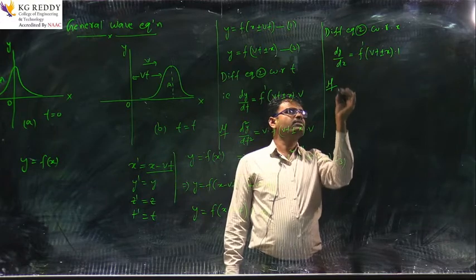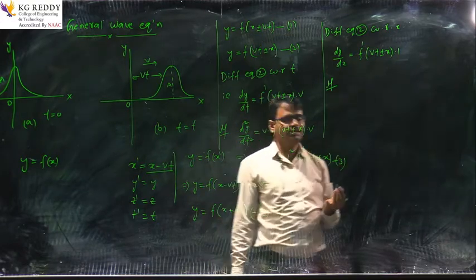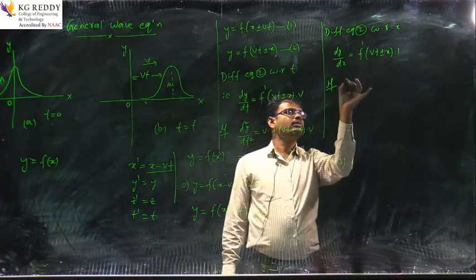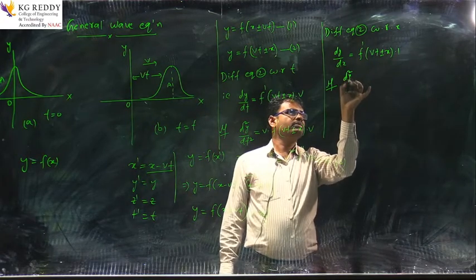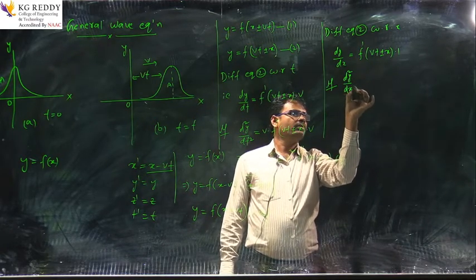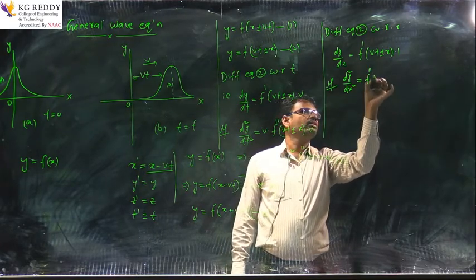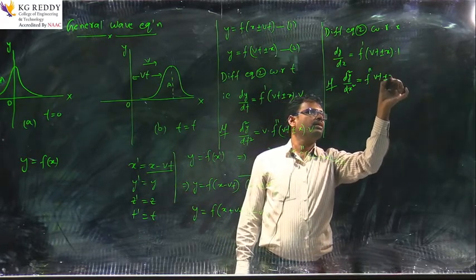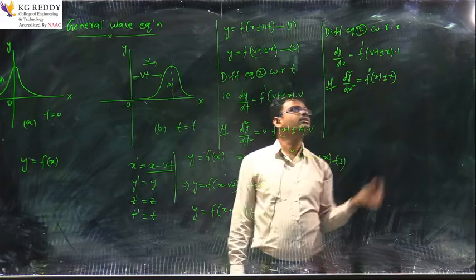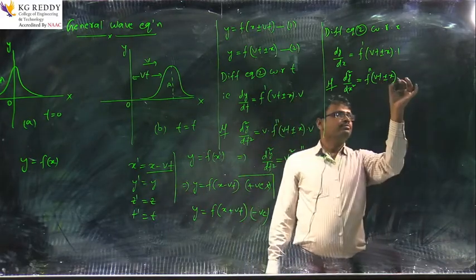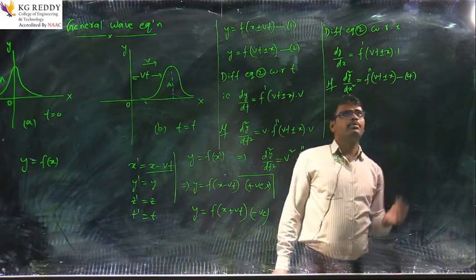Similarly, differentiate with respect to x once again, d square y by dx square equal to f double dash of vt plus or minus x. Let us say equation number 4.